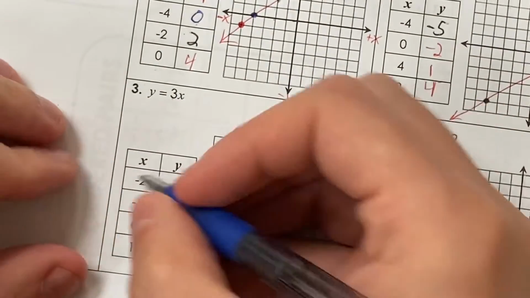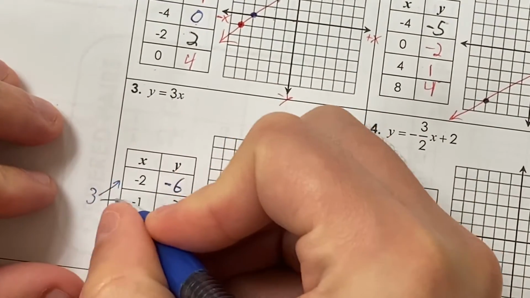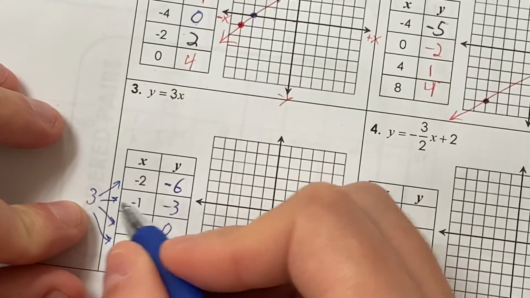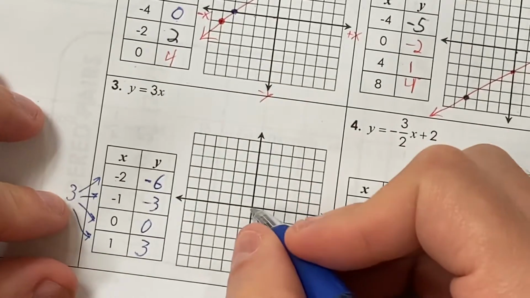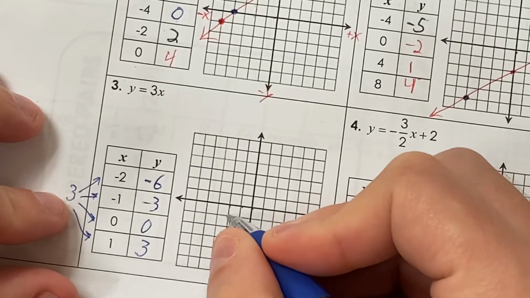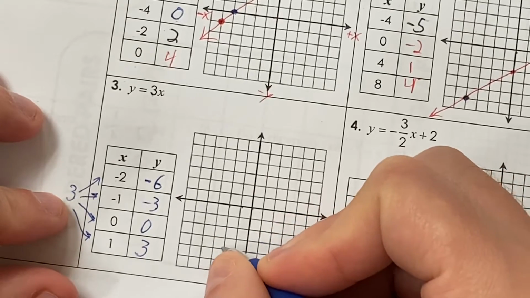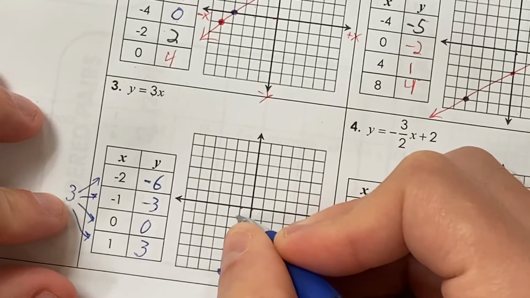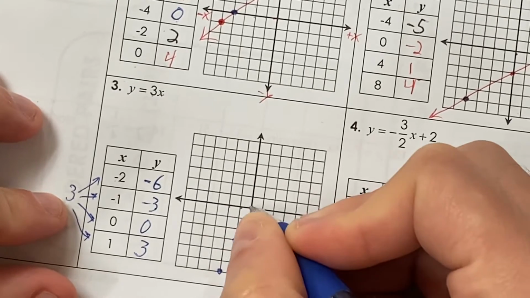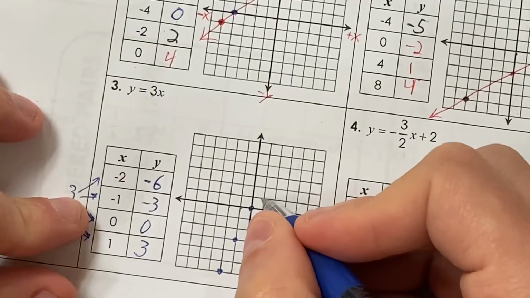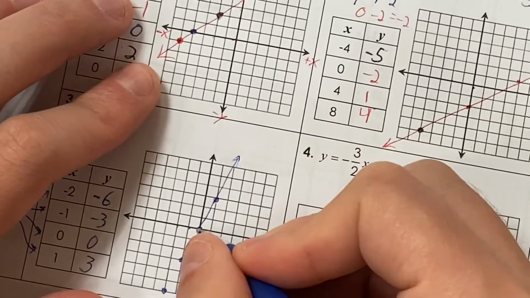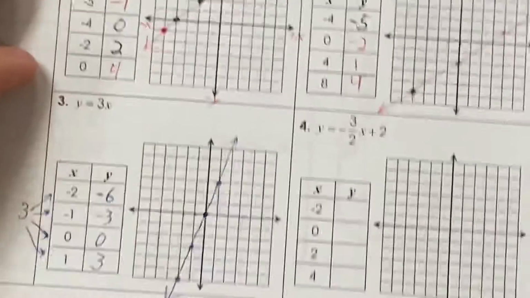Just know that all of these things, if you multiply it by 3, that's what you get. 3 times -2, 3 times -1. And then you graph these points. And you get that.